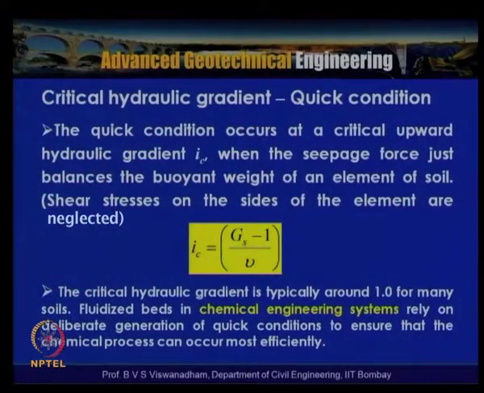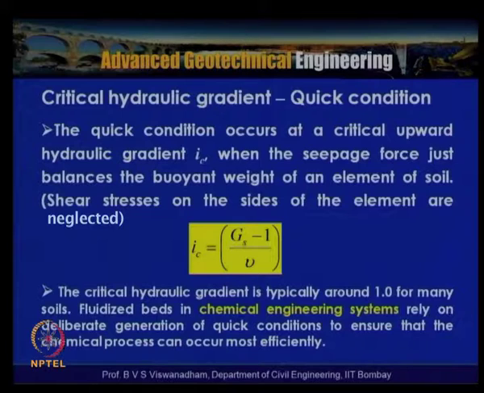So, the critical hydraulic gradient and quick condition. The quick condition occurs at a critical upward gradient IC, when the seepage force just balances the buoyant weight of the soil, and shear stresses on the sides of the element are neglected. The critical hydraulic gradient is typically around 1 for many soils.